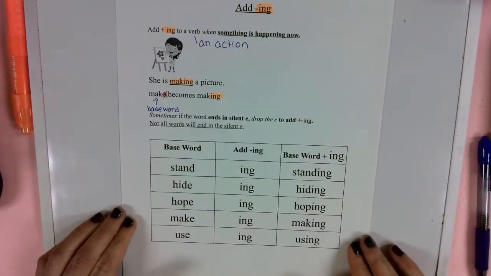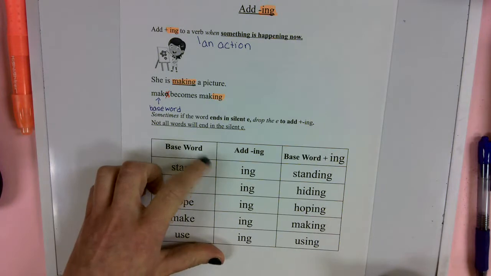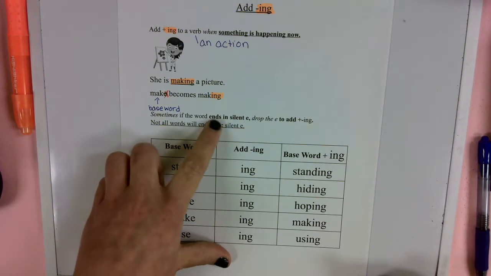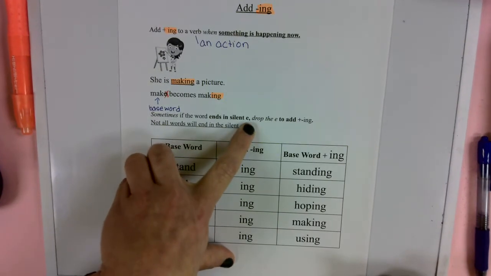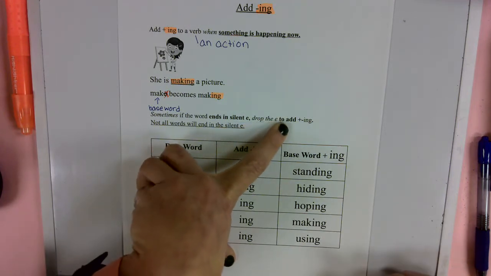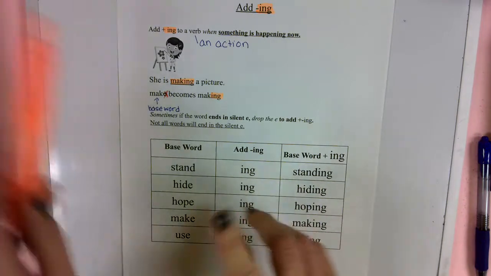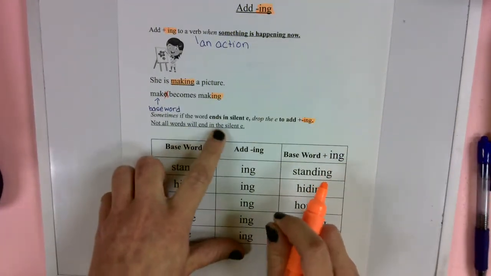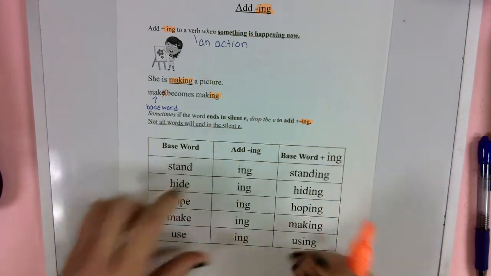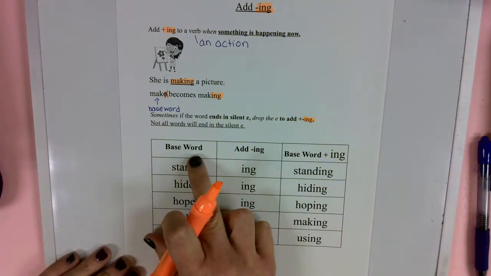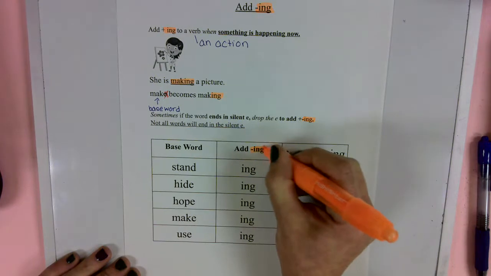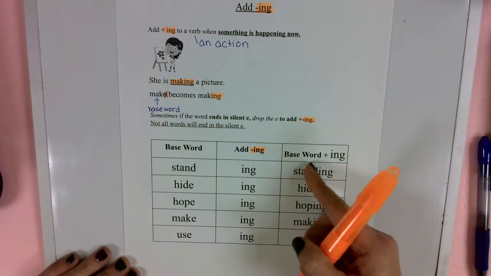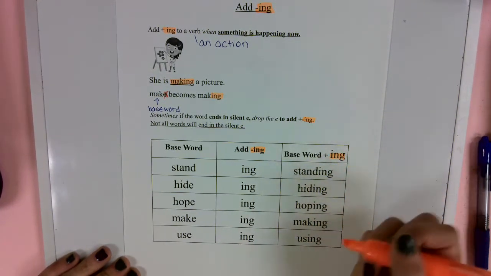So let's look at some of these words down here. But sometimes if the word ends in silent e, so you cannot hear it, drop the e to add ing. Now, I just want to say that not all words will end in the silent e, and we're going to see that now. So here's our base word, here's our ing, and then here's our base word when we add the ing.